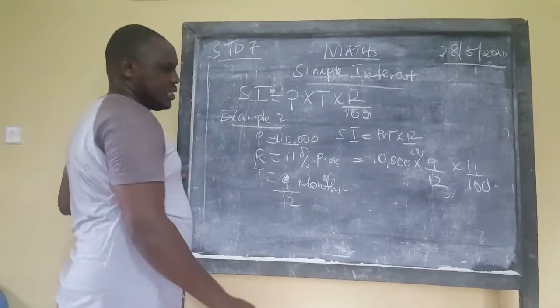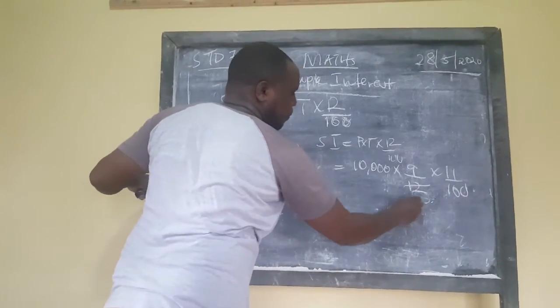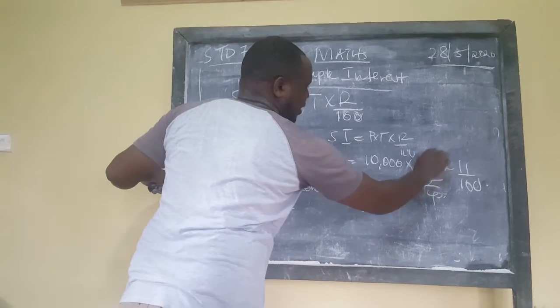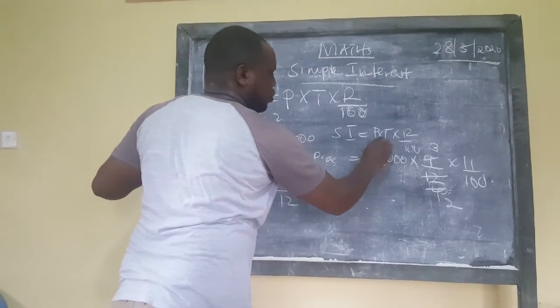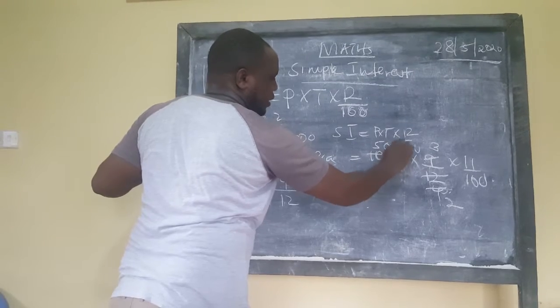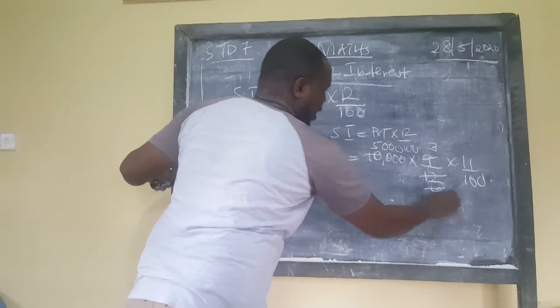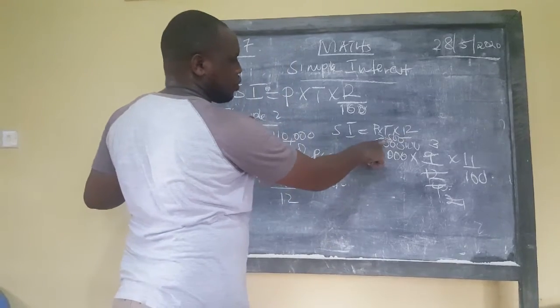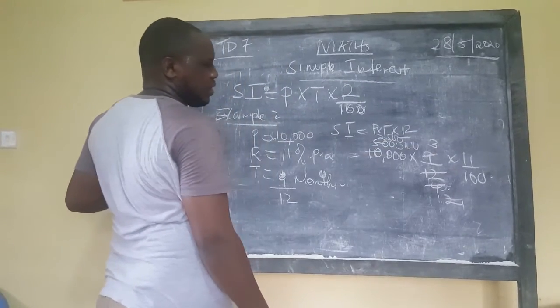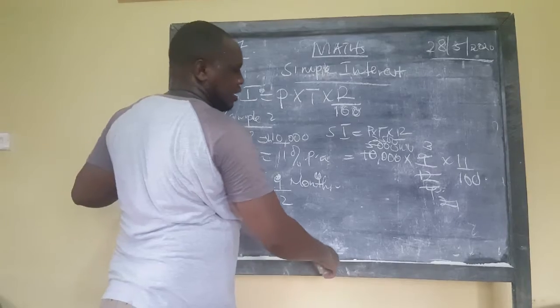As simple as that. So you say by 3, 4 by 3, 3. By 2, 2 by 2, 5,000. By 2, 1 by 2, 2,500. So in that case, you have 2,500 times 3, that is 7,500 times 11.